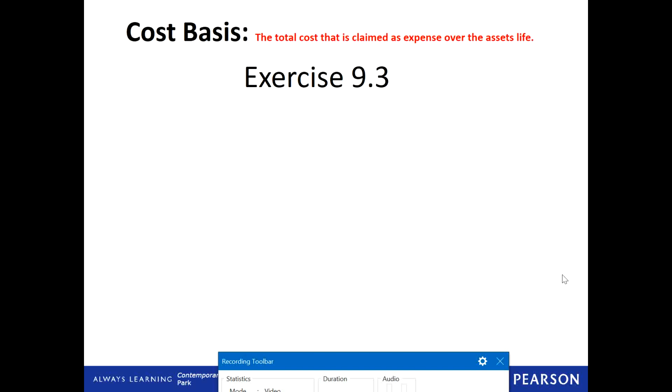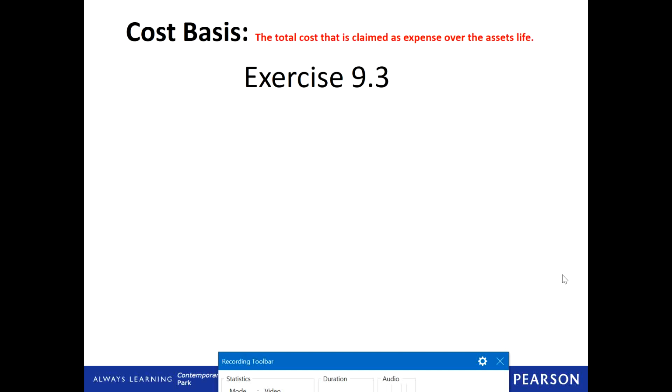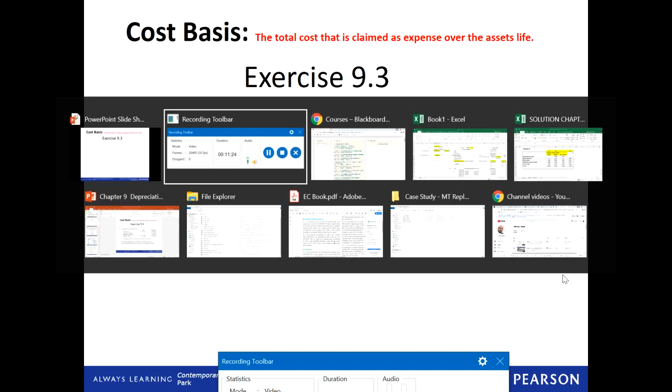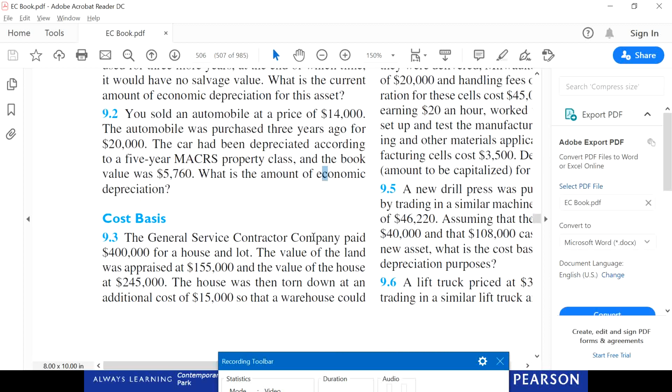Now in order to explain further, I'll explain with an example, exercise 9.3. Coming back here, exercise 9.3, right, the general service contractor company paid 400,000 for a house and lot, right?